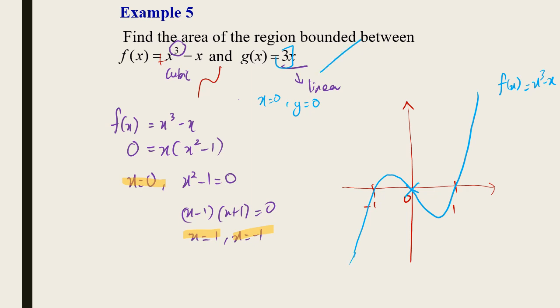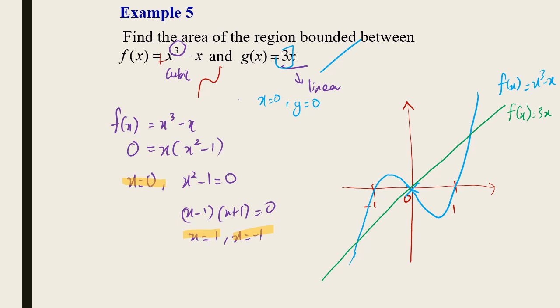Let's say we sketch like this. Sorry, it should be passing through the origin, not the axis. Let's say this is the graph of g(x) equal to 3x.